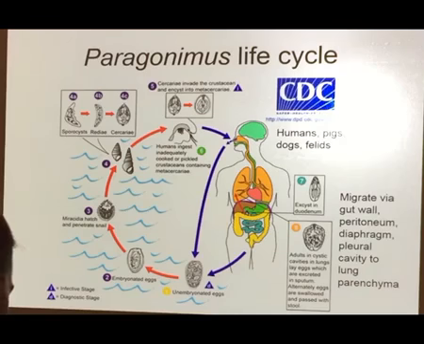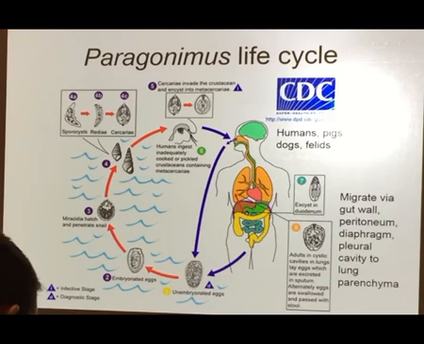So here's the life cycle. We'll start again with the adult flukes. So the adult flukes live within cysts that form around them. The body has basically a reaction to the presence of the fluke and forms a cyst around it. They live in cysts in the lungs that communicate via little fistulae with the airways.